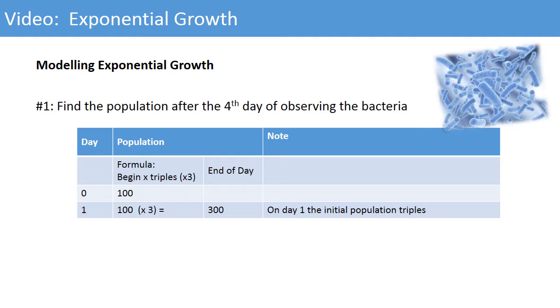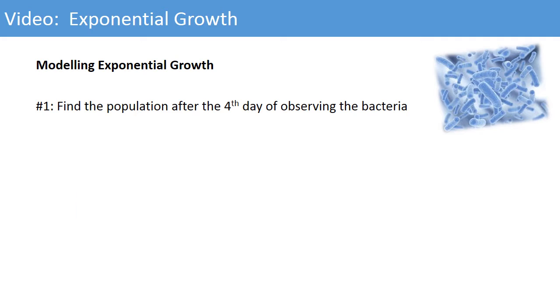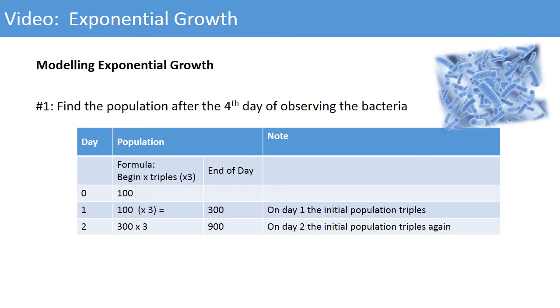So on day 1, we see that the initial population has tripled from 100 to 300. Now, on day 2, we started out with 300 from day 1. That number tripled, so we know at the end of the day that we have 900 bacteria.